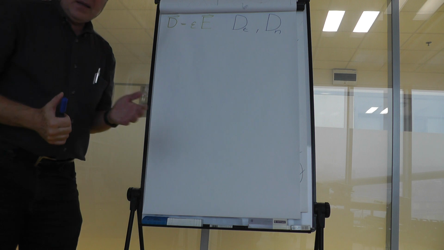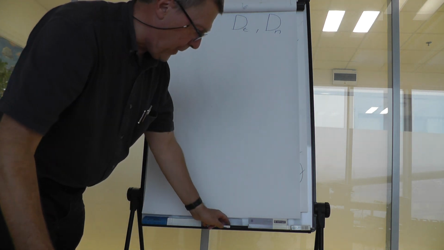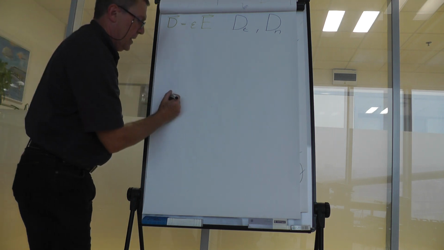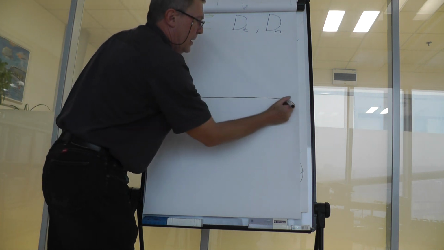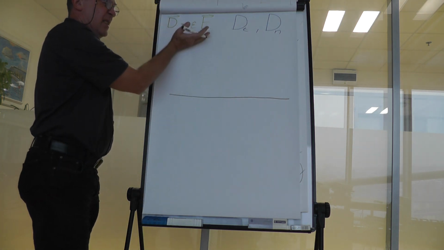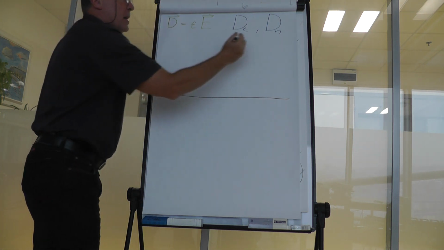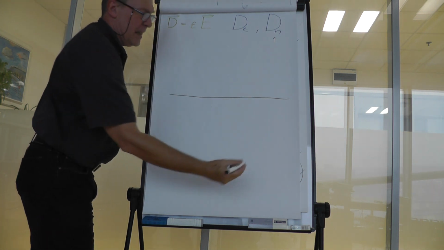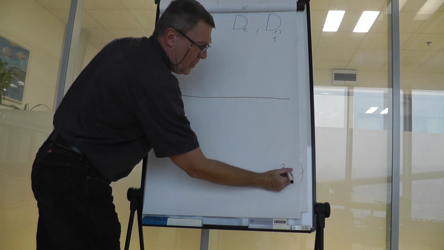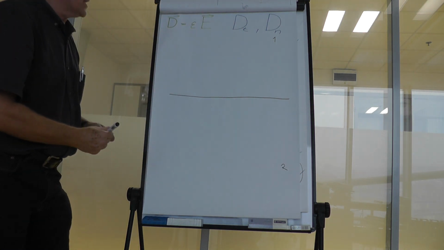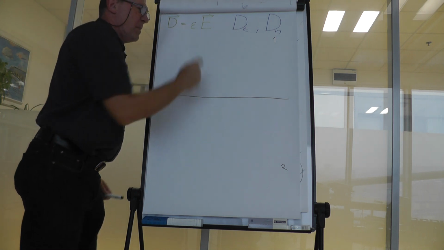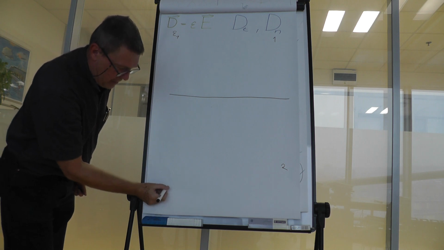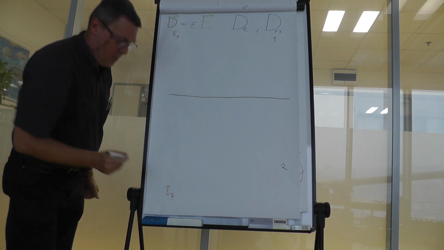Now, let's draw a simple interface between two dielectric materials. This is the interface. Anything higher than the interface has the index 1. Anything under the interface has the index 2. So there is, for example, the permittivity of the upper part, epsilon 1, and the permittivity of the lower part, which is epsilon 2.